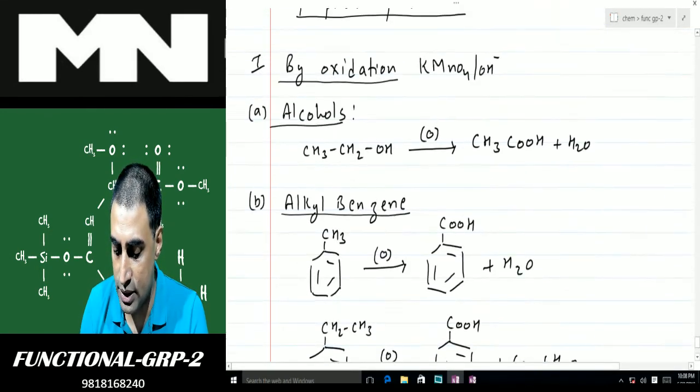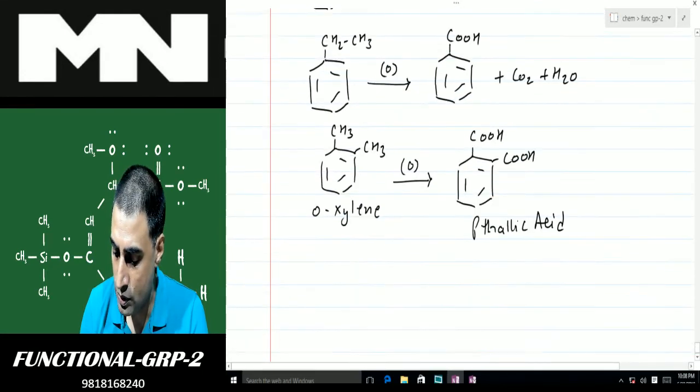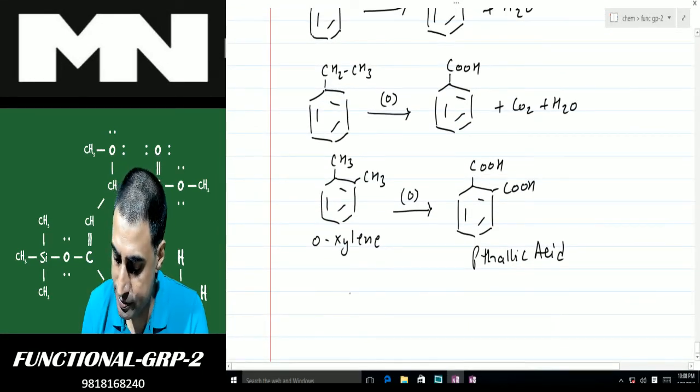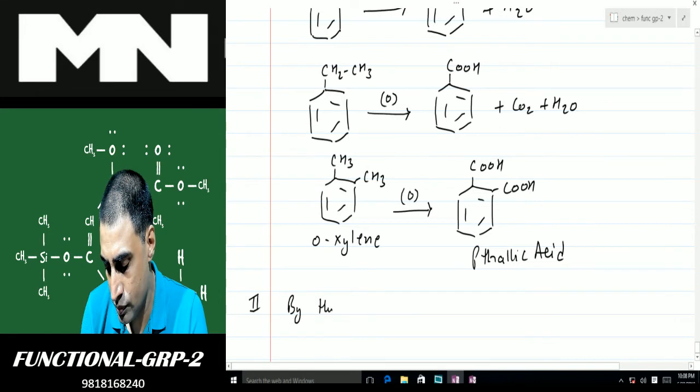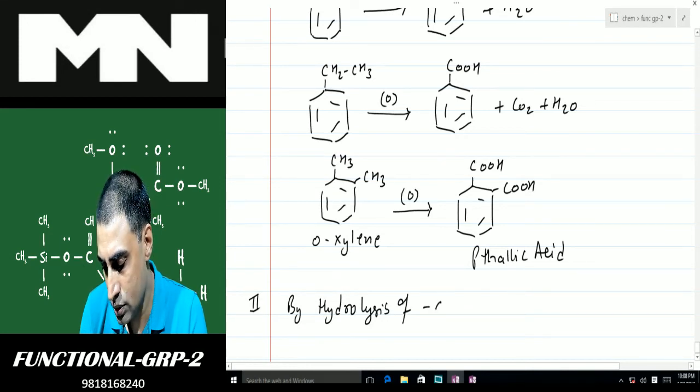Second method is from cyanides, by hydrolysis of cyanide.